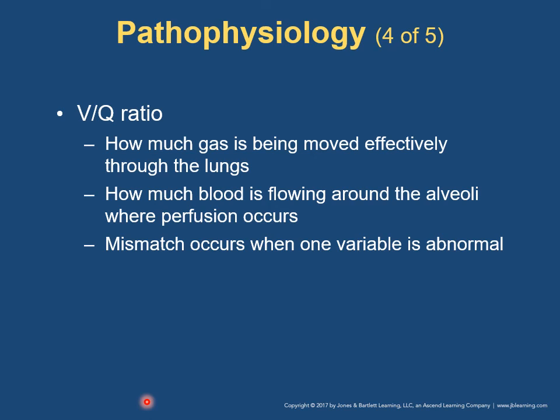A mismatch occurs when one of those two variables is abnormal, and respiratory compromise can occur. So this could be that the patient's not getting enough oxygen for the blood to carry to the tissues, or if a patient's anemic, they may not have enough blood cells to carry the oxygen.